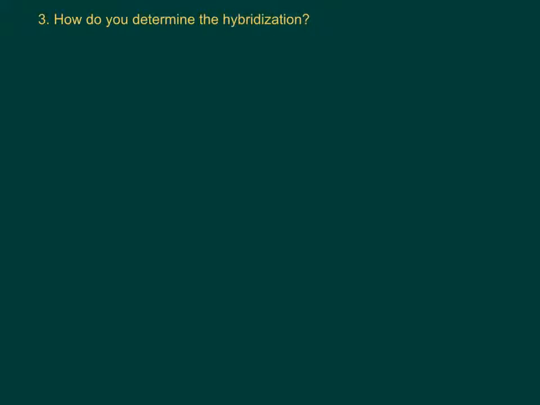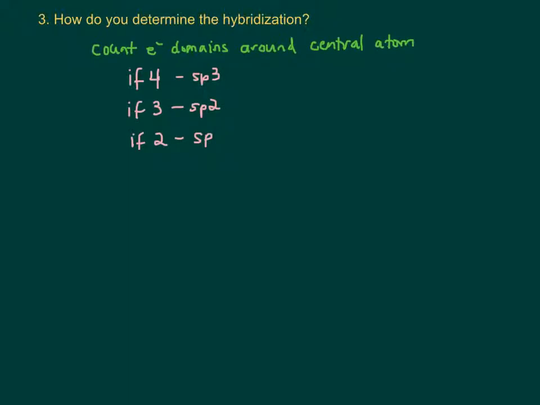Because the fact of the matter is that hybridization happens to a lot of elements, not just carbon. I used carbon as an example because it does all 3, but most central atoms in molecules will hybridize. And so how are you going to know how they hybridize? You're going to look at the Lewis dot structure and count the electron domains around the central atom.